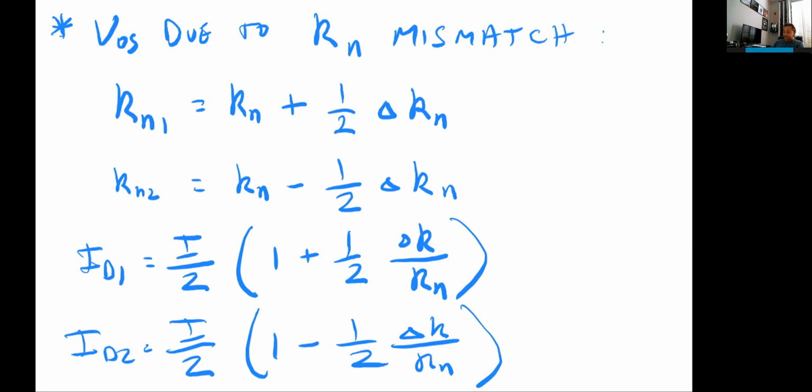And what that says is that even if you match the RD, since you cannot match the Ks, you still have some contribution to the offset, okay? So let's look at that by itself. Let's say we could match the RDs, but what happens to the voltage offset due to the mismatch on the Ks?